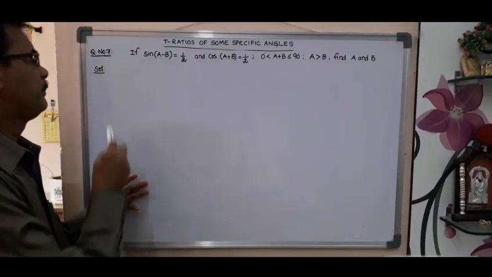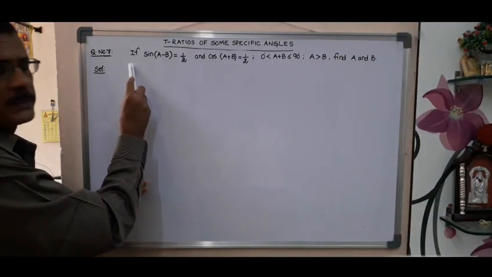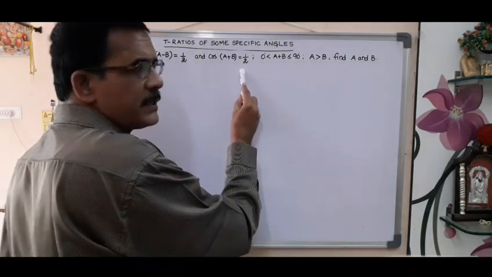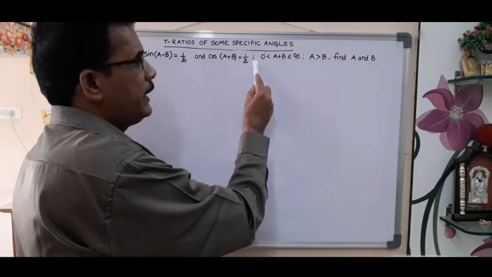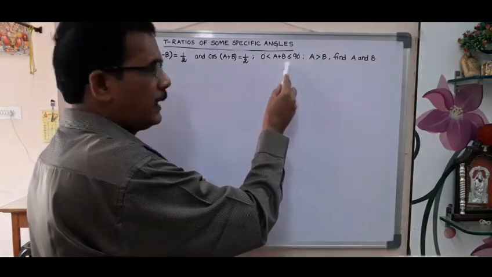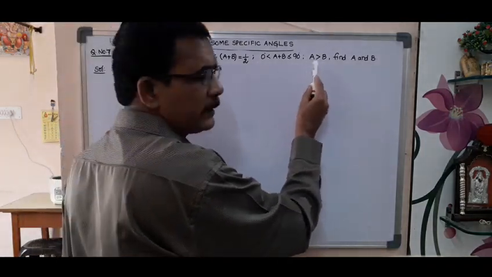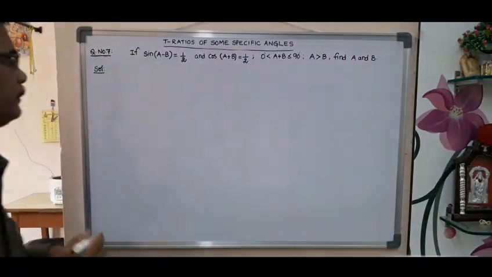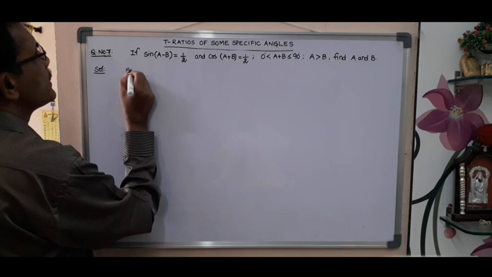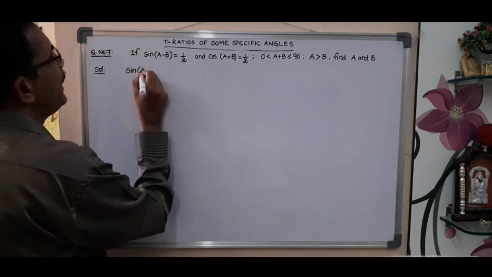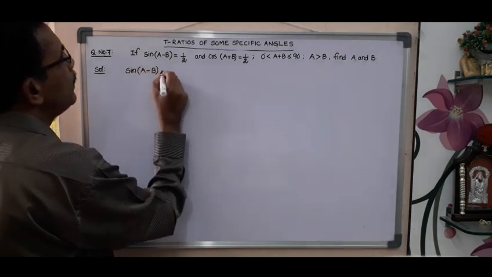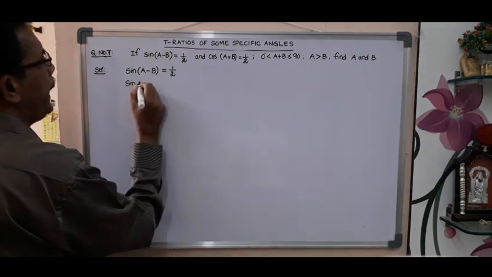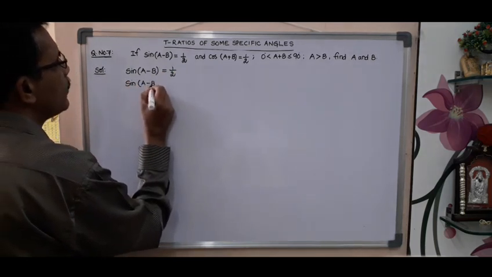Question number 7. If sin(A - B) is equal to 1/2 and cos(A + B) is equal to 1/2, 0 less than A + B less than or equal to 90 degrees, A greater than B, find A and B. It is given sin(A - B) is equal to 1/2.